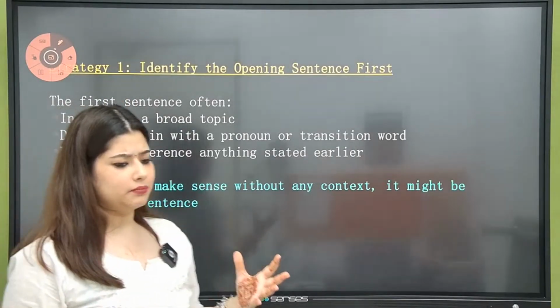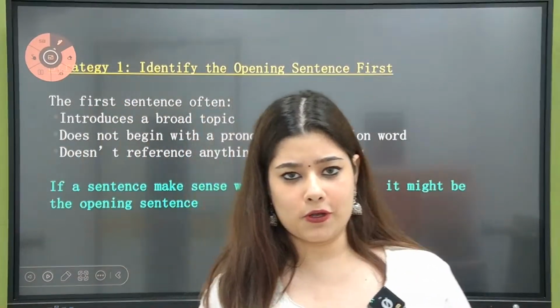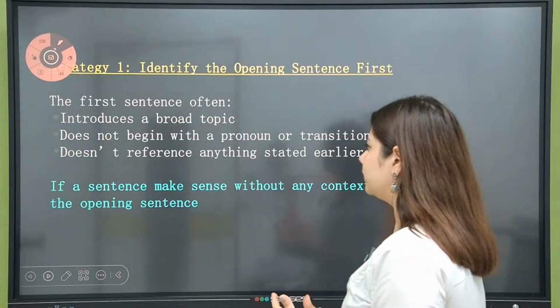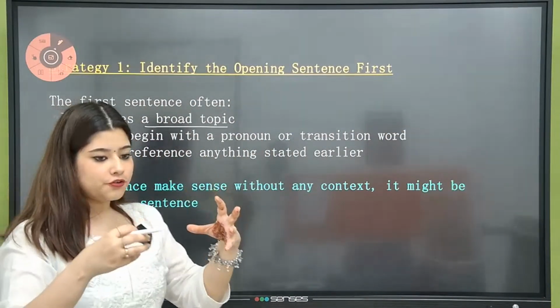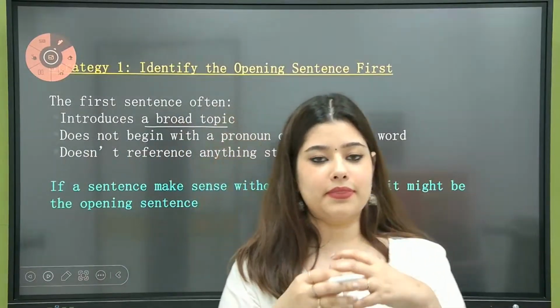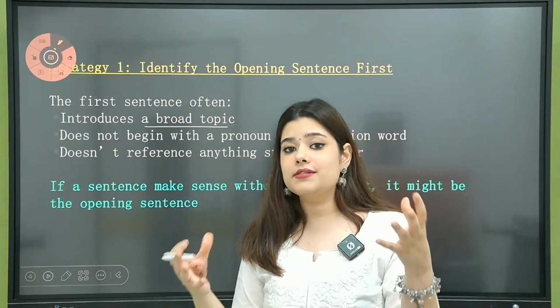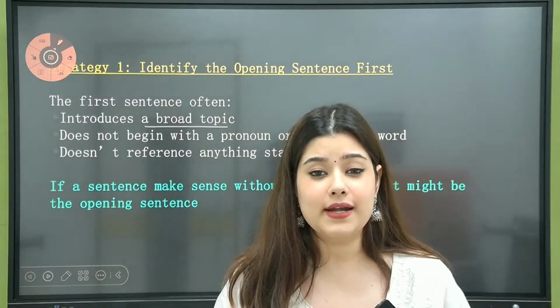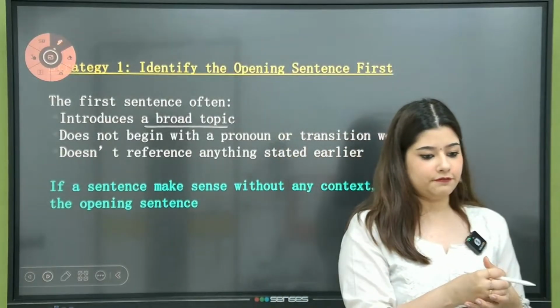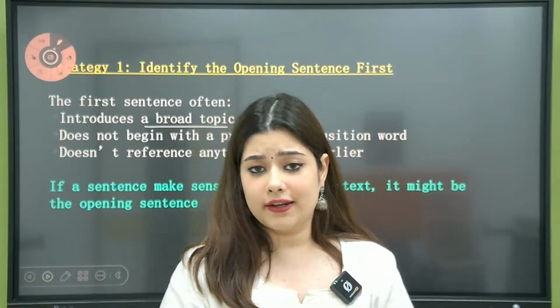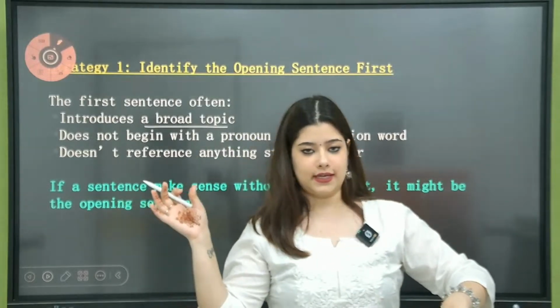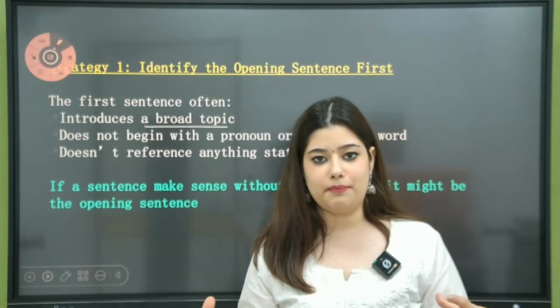An opening statement should be as broad as possible, as general as possible. It should introduce a broad topic. It should focus on something which is general rather than something which is specific, something which is very fact or detail oriented. It is very unlikely for that to be the opening statement or the introductory statement of any paragraph.